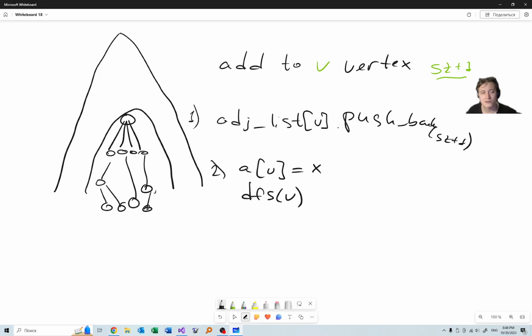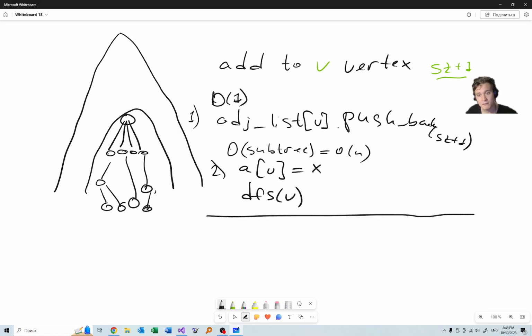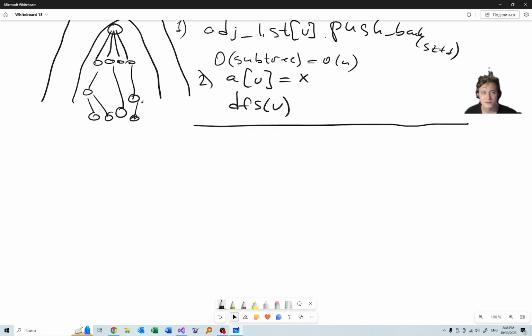You need DFS. So the first operation will be O of one time, but the second operation will be O of subtree size, which is O of n time. This is slow. So this is a bad, non-optimal approach.